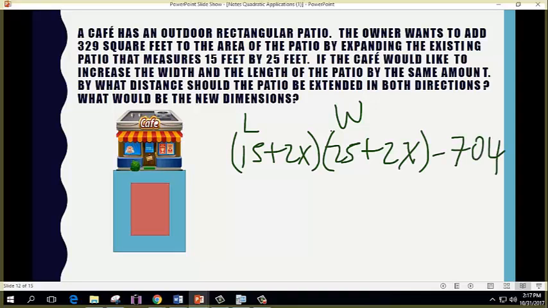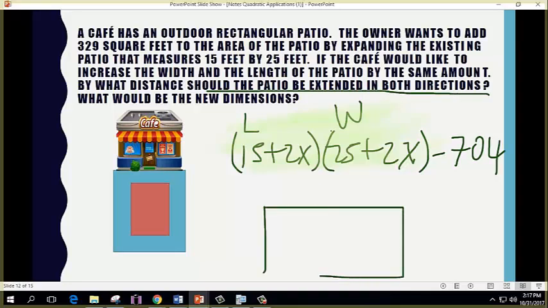But here's the thing. This part here is the important thing in terms of your rectangle. What it's asking for is, by what distance should the patio extend in both directions? So if you remember how we derived this equation, we had our 15 by 25, and then we had our x here and our x here.